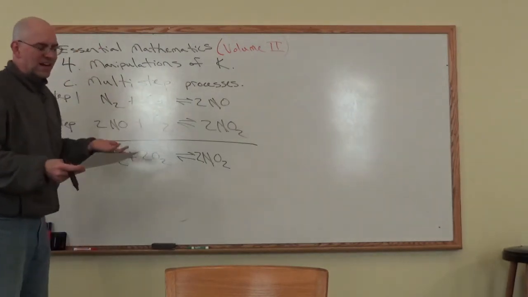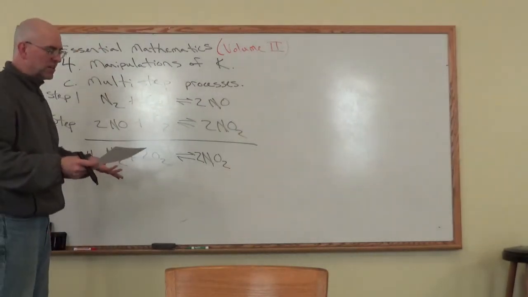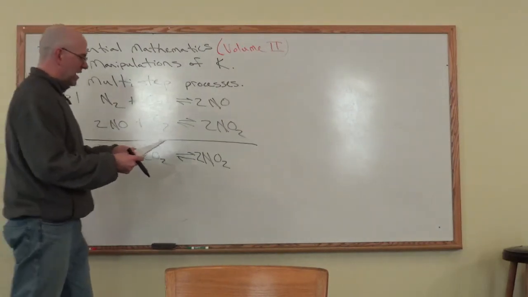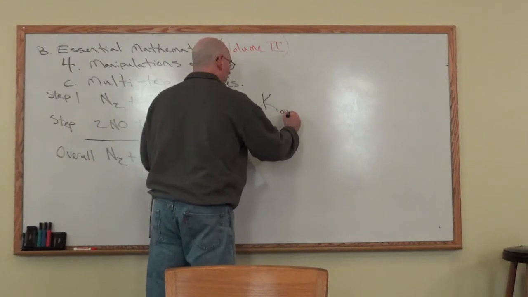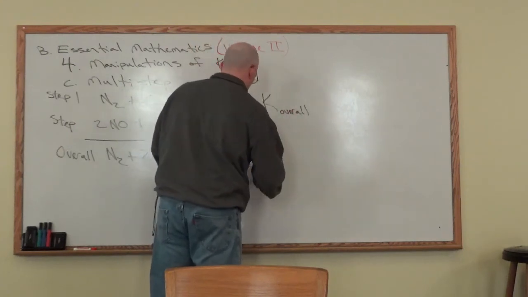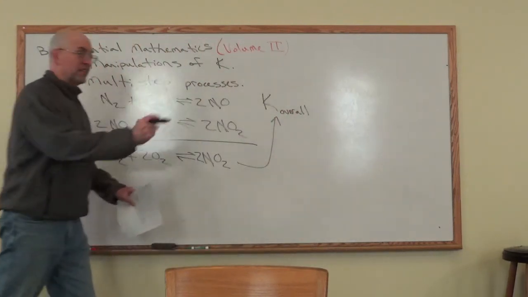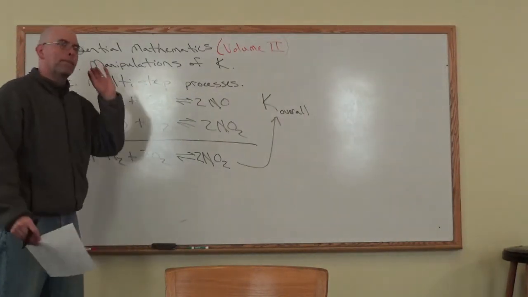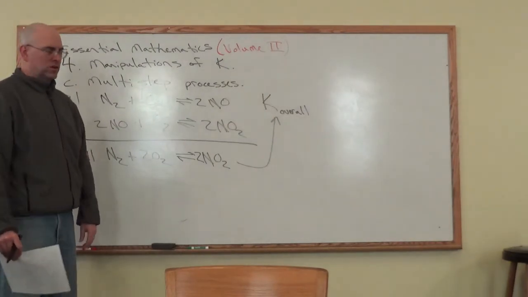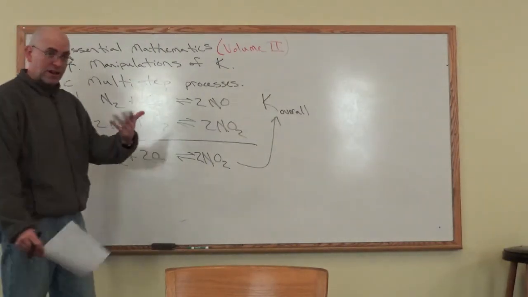And I'm actually not going to write out the math. So we would have K overall. Maybe you can convince yourselves of this. When you add steps, you multiply the equilibrium constants.